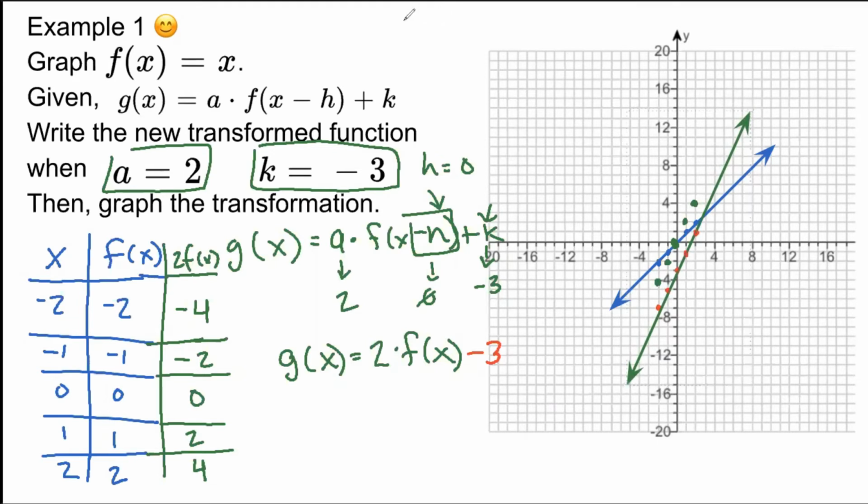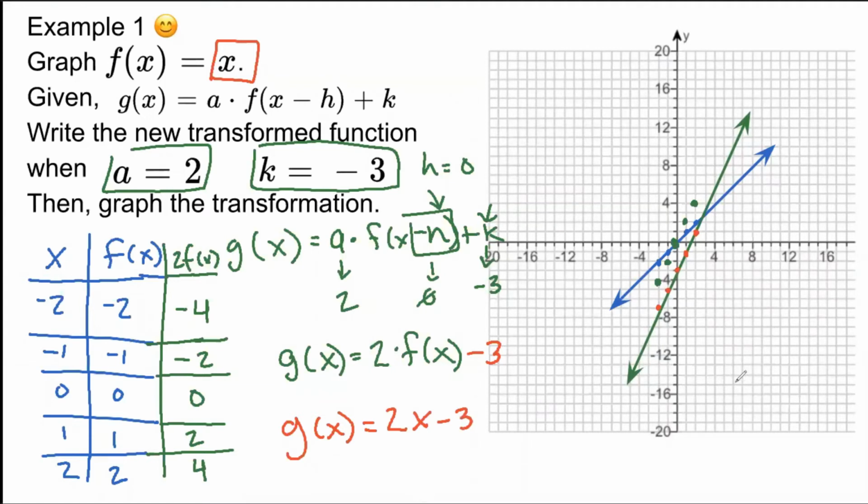And let me write g of x nice and pretty so you guys can see it. Notice that f of x is what? x. So I'm going to substitute that value. So now we have g of x equals 2 times f of x. f of x is just x by itself in this case, minus 3.